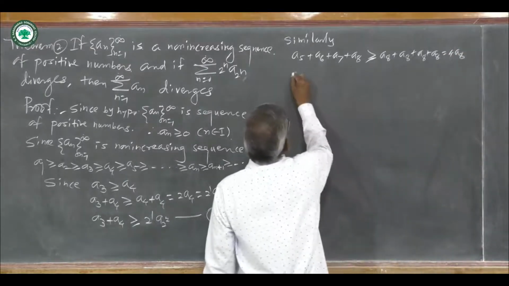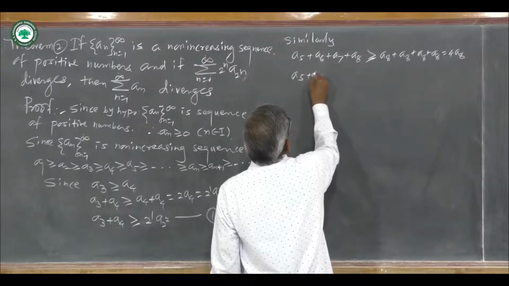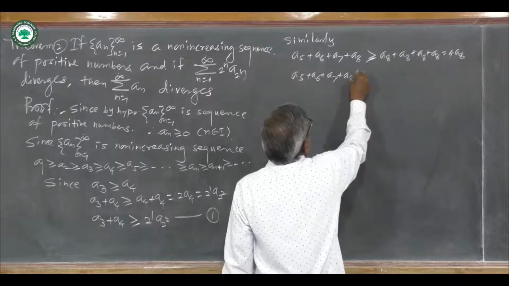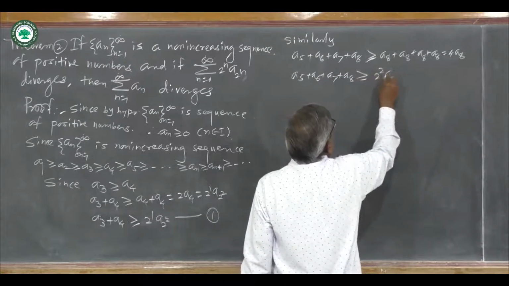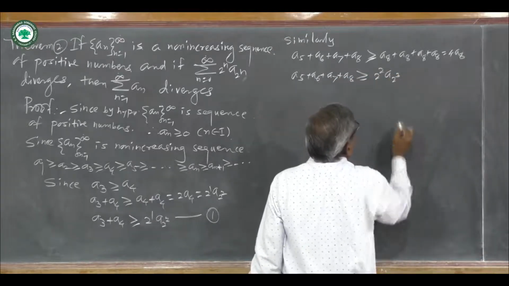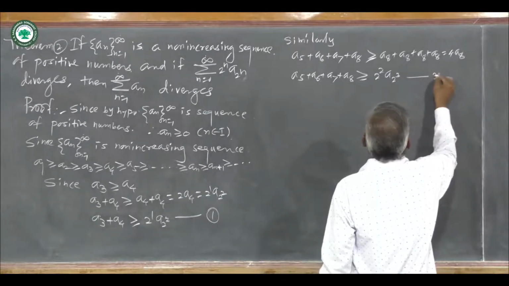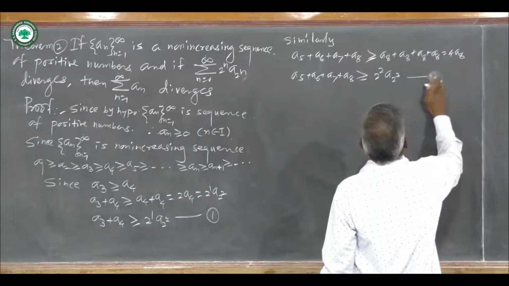Therefore, we write a5 plus a6 plus a7 plus a8 is greater than or equal to 2 raised to 2 into a_(2 raised to 3). This is number 2.